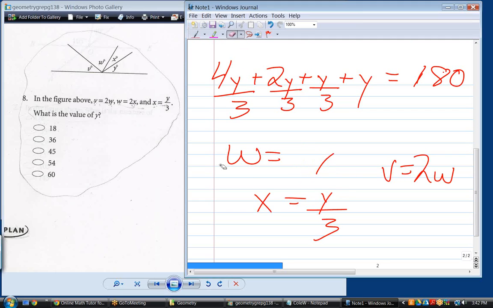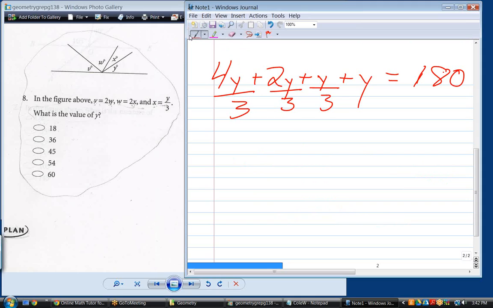Well, now we've got one equation and only one unknown. How are we going to solve this? What's the quickest first step towards solving an equation that has a bunch of denominators? Multiply. Okay, so I want to multiply both sides by 3. What do I get on the left when I multiply the entire left side by 3?